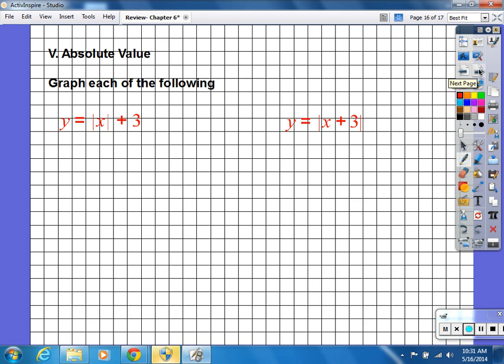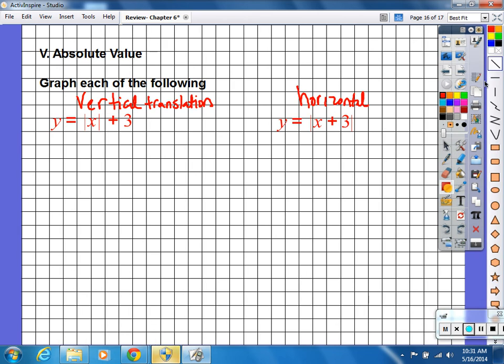All right, next, we're on to absolute value. We know that if the x is by itself in the absolute value, we're looking at a vertical translation. And if the entire part of the equation is in the absolute value marks, we're looking at a horizontal translation.